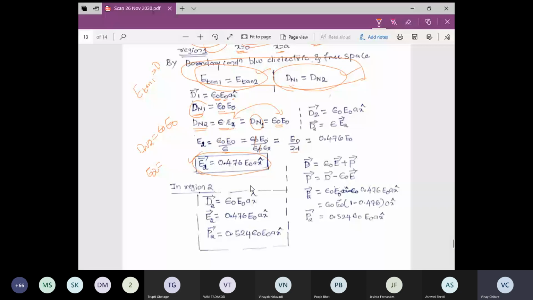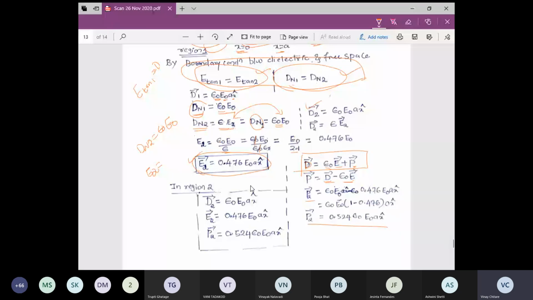The question was to find P now. Inside that dielectric material we can write the relationship for D as epsilon naught times E plus P. I can solve for P: P is D minus epsilon naught times E. I know E now, so you can make those substitutions and solve for P2.